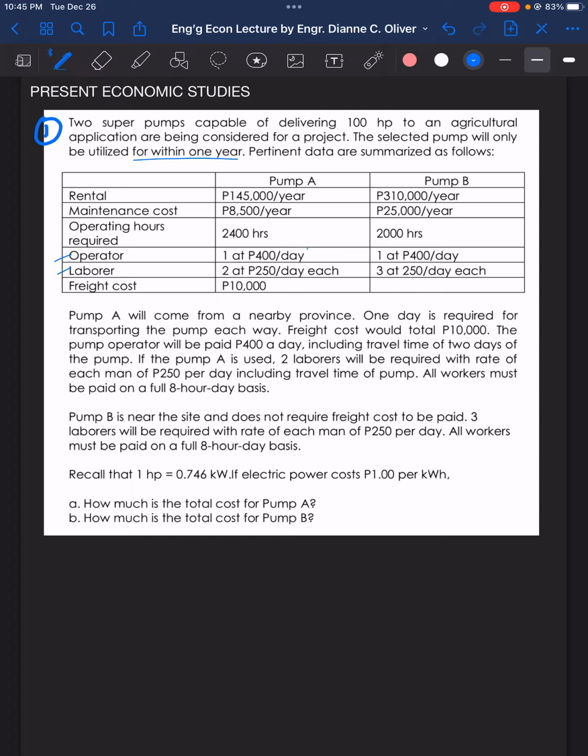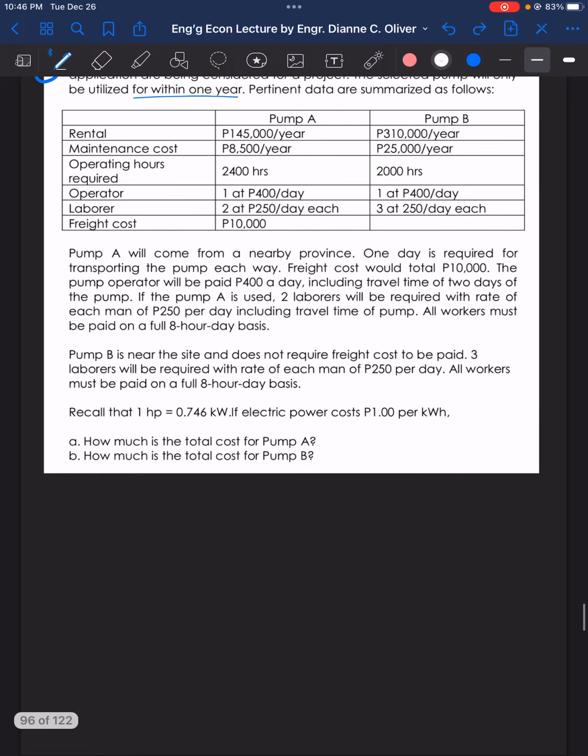We need to find the number of days that the pump will be operating. So how can we solve for the number of days? To solve for the number of days, we have here 2,400 hours to utilize the operating hours required for the pump.